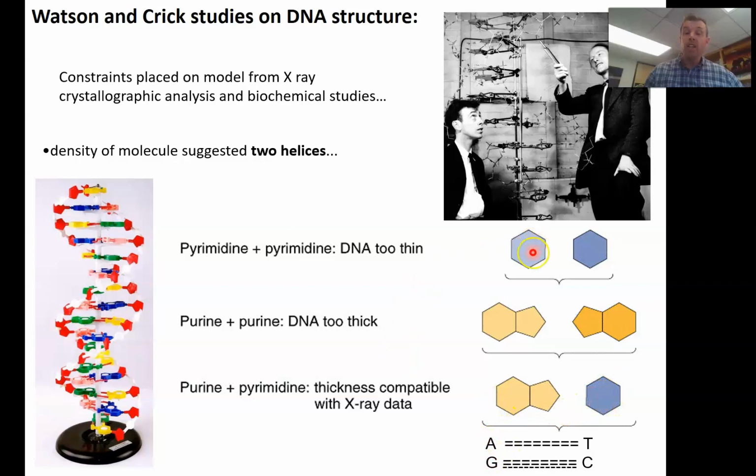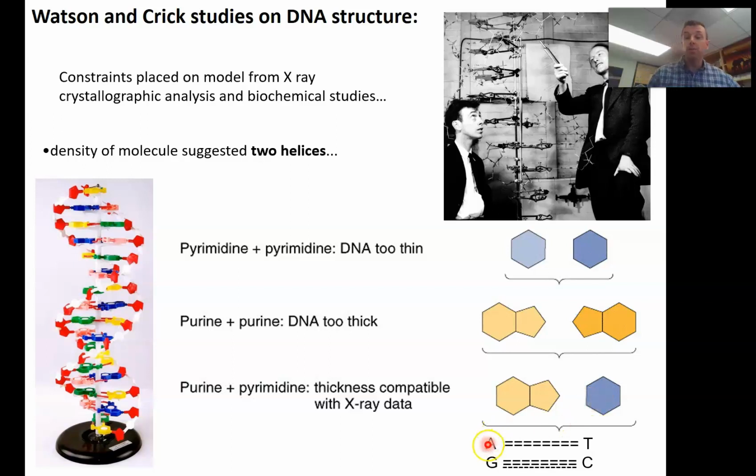If it was two of the single ring bases, two pyrimidines, then it was too thin, so the distance between the phosphodiester backbones was too far apart to be satisfied by this. And two purines would have kept those a little bit further apart, and so the data showed that it was closer than this, and the data fit perfectly with a model where you have a purine and a pyrimidine bound together at all times.